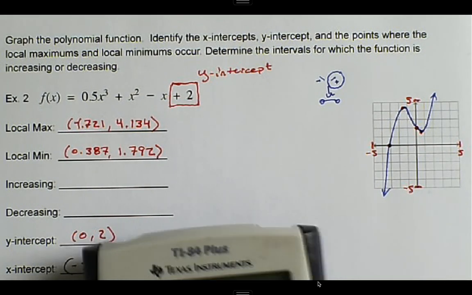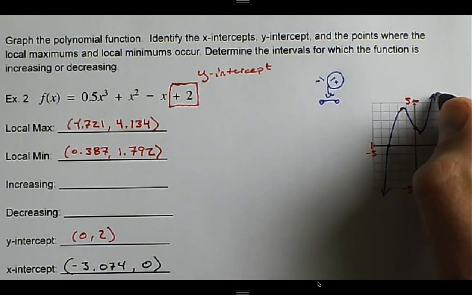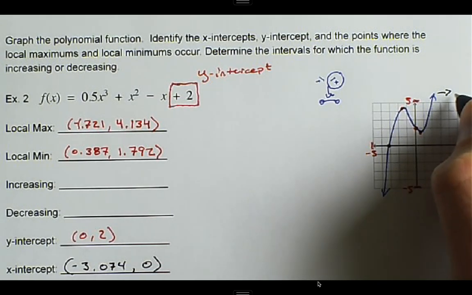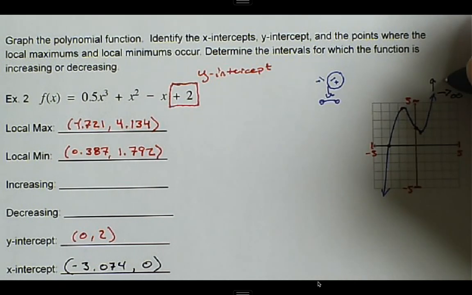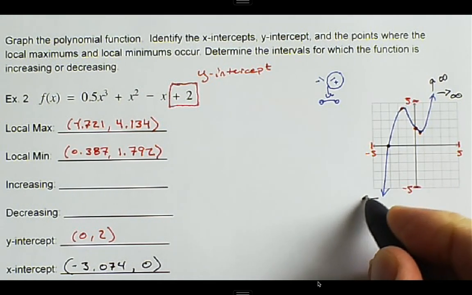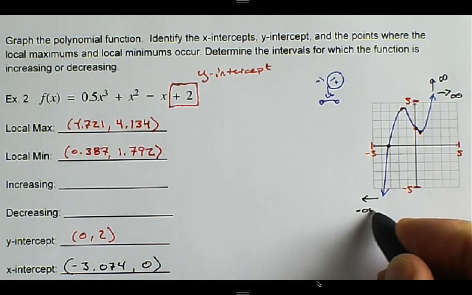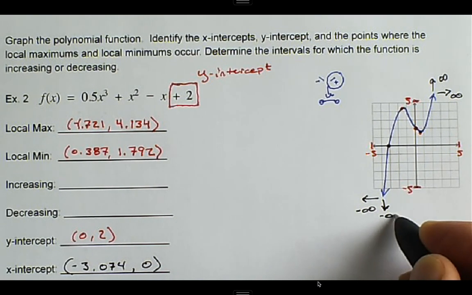So the last thing that we have to come up with is when it is increasing and decreasing. So we know that as the x value goes to positive infinity, in this case, the y value is also going to positive infinity. As the x value comes from negative infinity, the y value also goes to negative infinity.